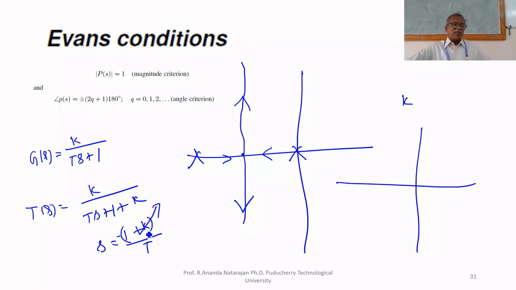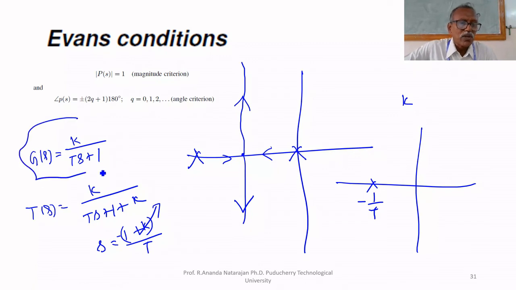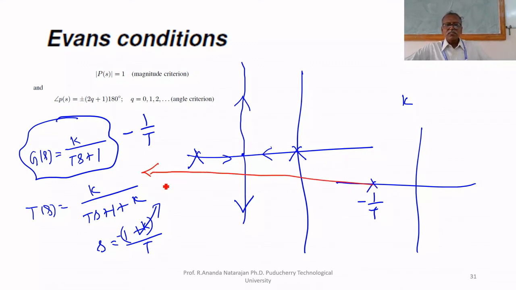If you vary K from 0 to infinity, the initial pole is minus 1 by tau, because the open loop pole is minus 1 by tau. As you increase K, it moves towards infinity this way.